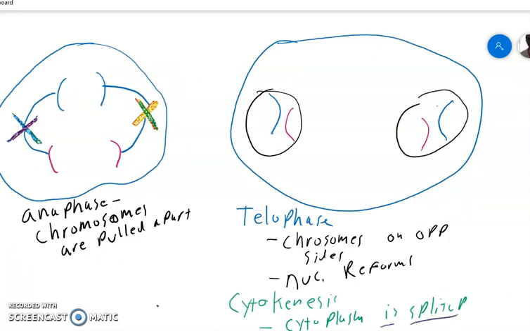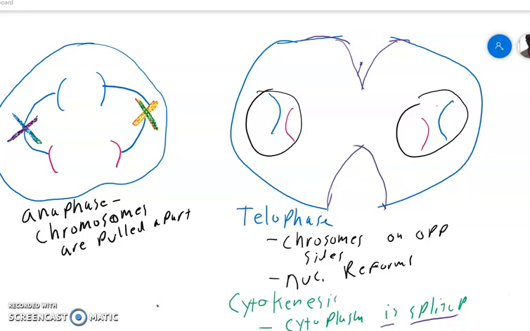Now normally I draw the cells vertically. This is very scary to draw on the internet. So what happens is we get this thing called a cleavage furrow. And the cleavage furrow is going to start to have these invaginations, or these crevices. And right now he looks like a very sad praying mantis or space alien. But this furrow is going to start getting bigger and bigger and go all the way down.